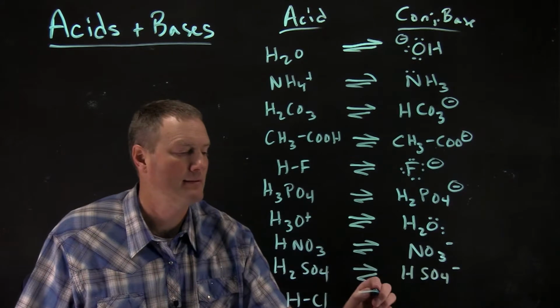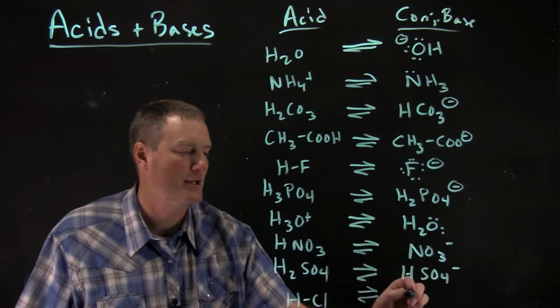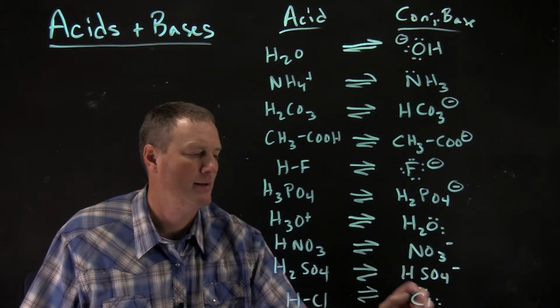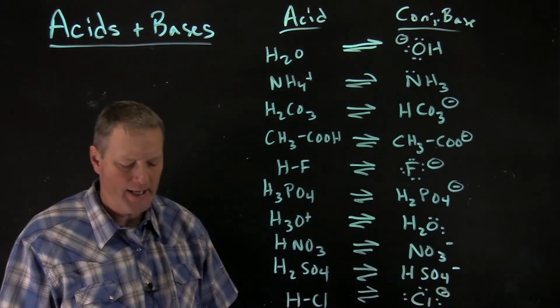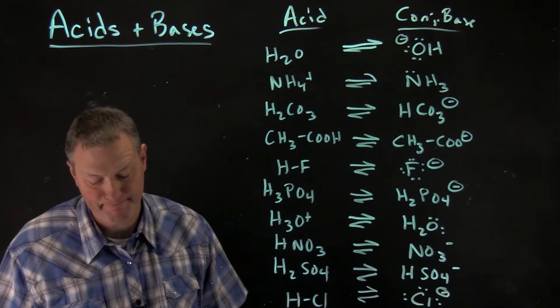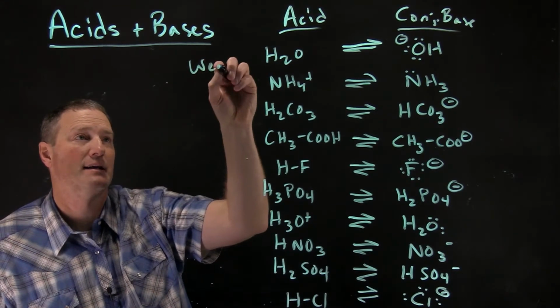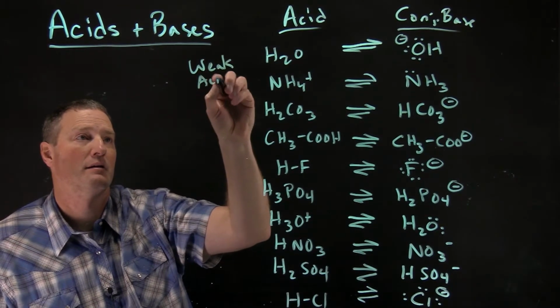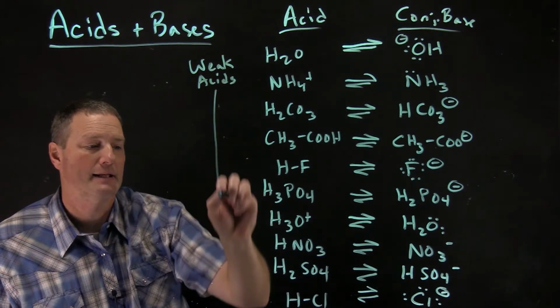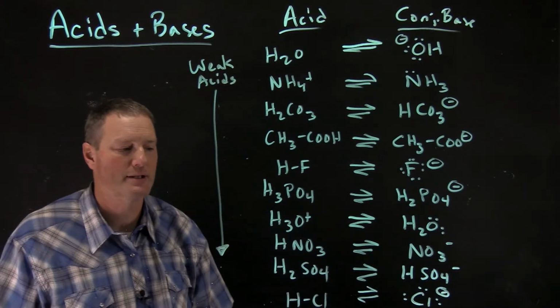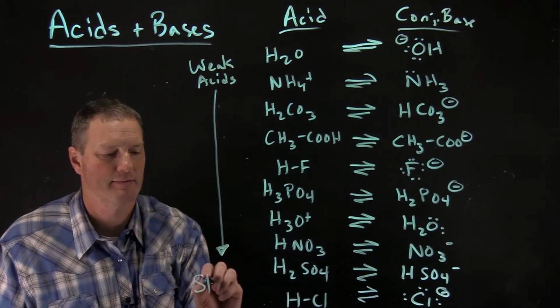And lastly, hydrochloric acid has a conjugate base that is just chloride anion. Now, I've listed these in a very specific way. Up here, these would be considered weak acids, and if I draw an arrow going down this way, these would be strong acids.